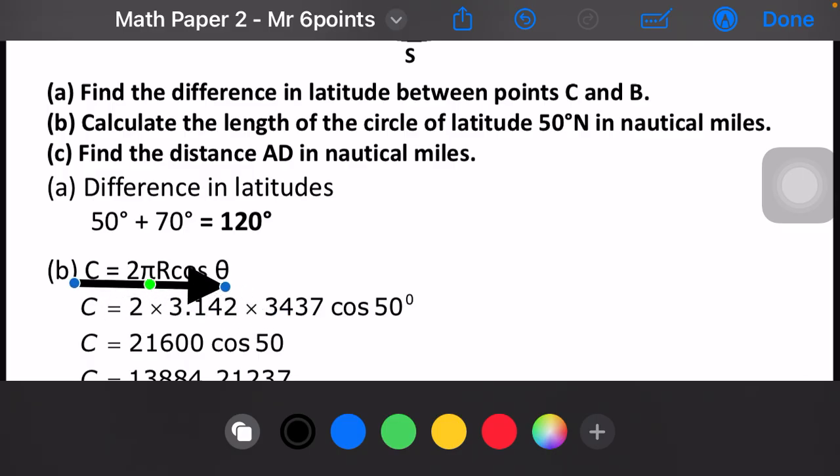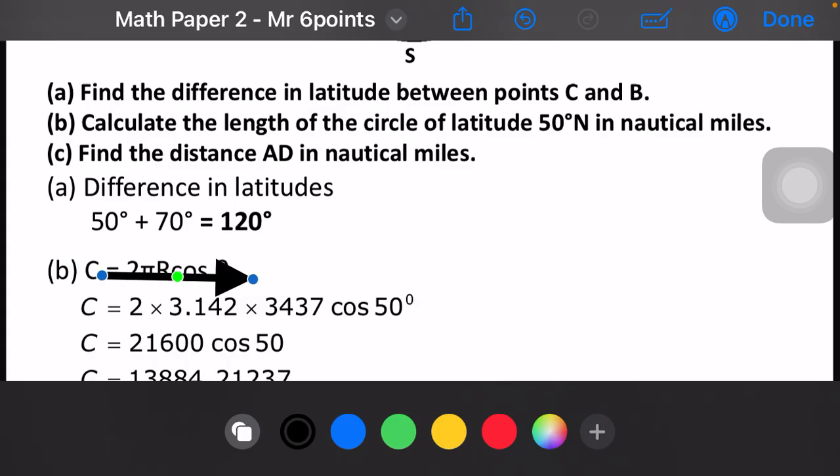So as I was saying, sorry for the disturbance. As I was saying, these two, the R and the pi, they'll always give you in the question, like I showed you earlier on. Then this 50, they'll also give you in the question.